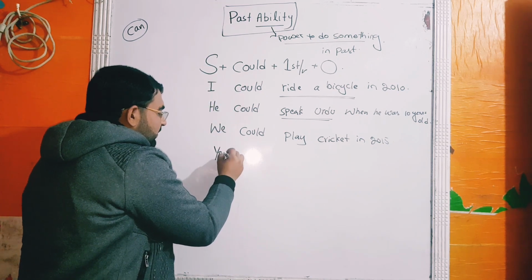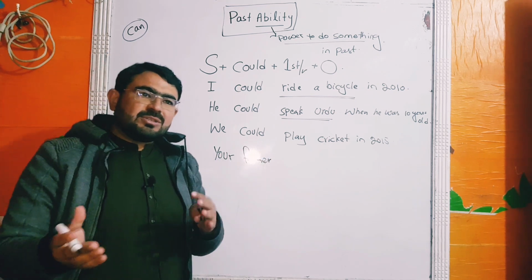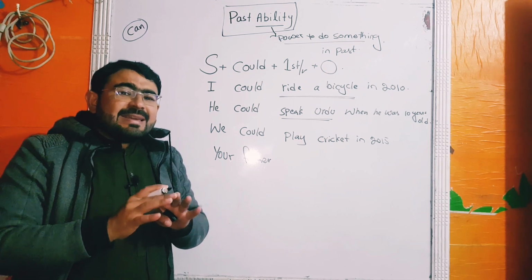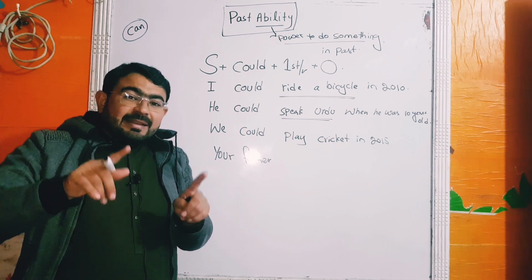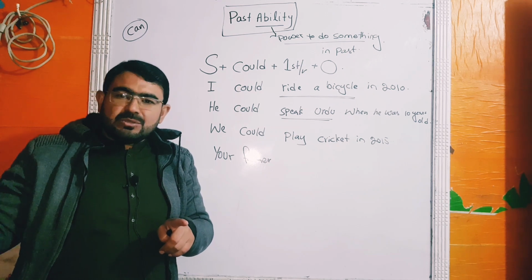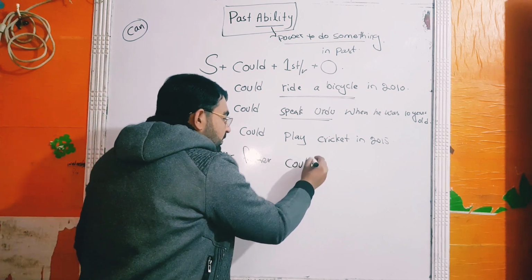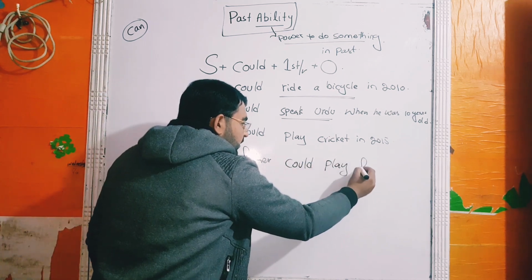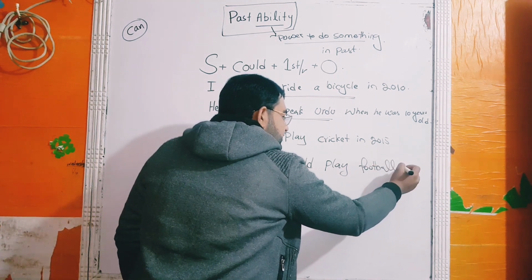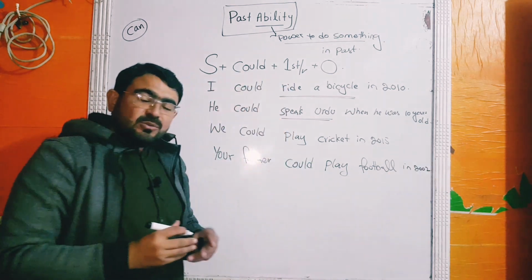For example, your father. Now your father is almost 60 or 65 years old, and he cannot play cricket, but this was his ability in 2005 or 2002 or 2001. Your father could play football when he was young, or you can say in 2002.